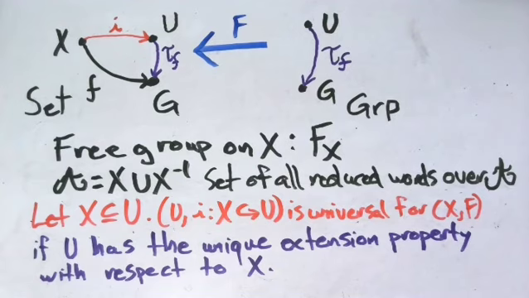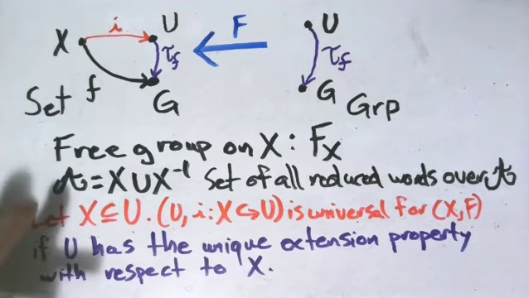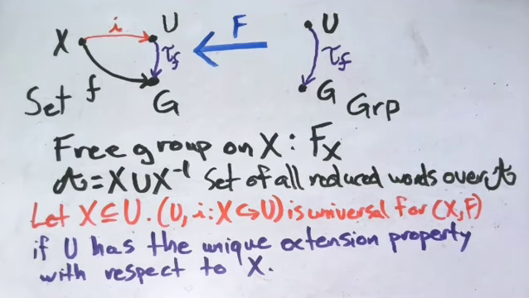And the set of all those reduced words over that alphabet, X union X inverse, actually is the constructive version of the free group. And I will link a paper in the description which can prove to you why this exact construction has this unique extension property that we're looking for.